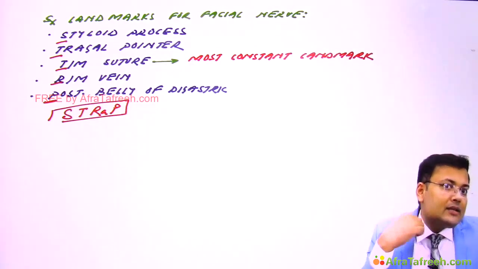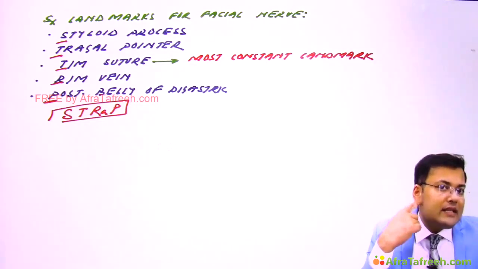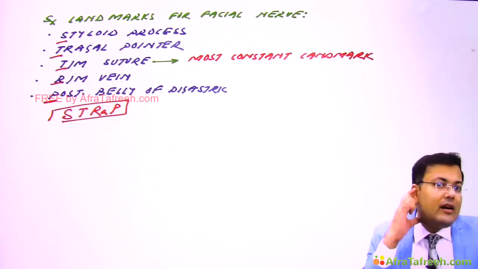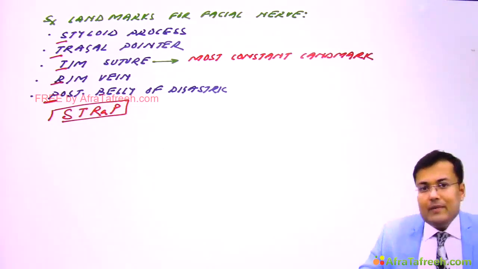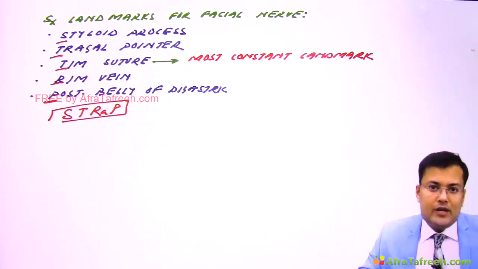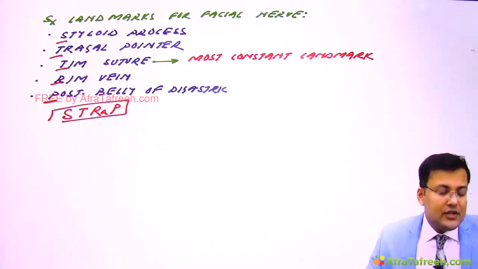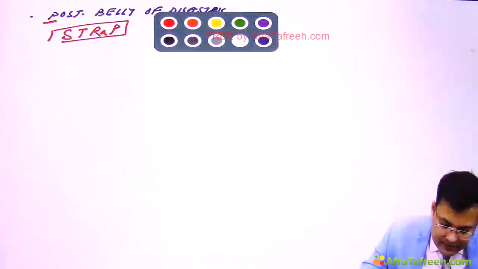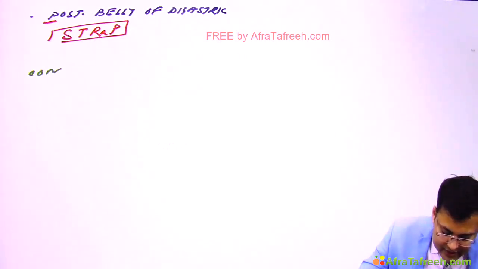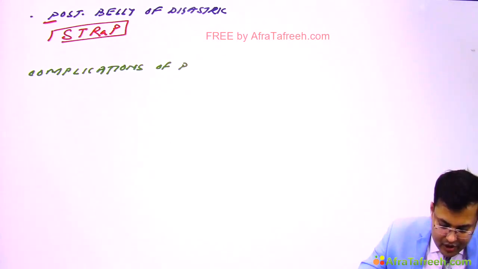This numbness or sensory impairment is because of excision or injury of which nerve? The greater auricular nerve. There can be Frey syndrome or parotid fistula. So these are the complications of parotidectomy.